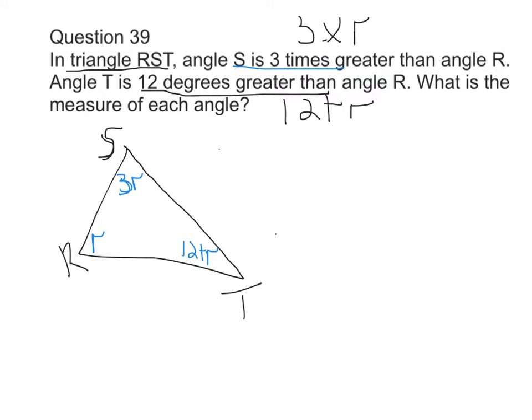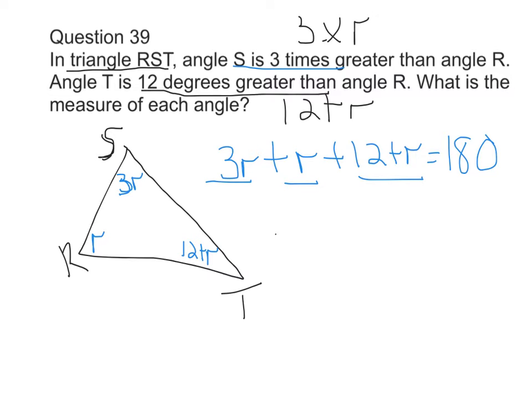So I can write this as 3R plus R plus 12 plus R equals 180. Because I have one angle, 2, 3. Those are my 3 angles.